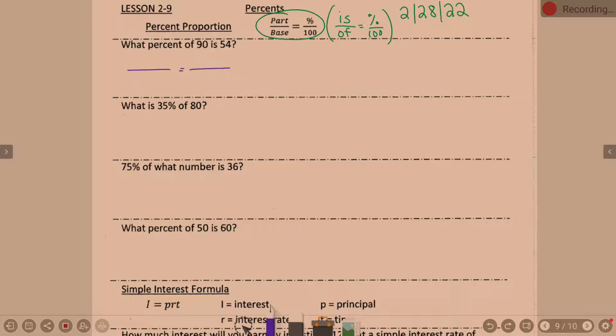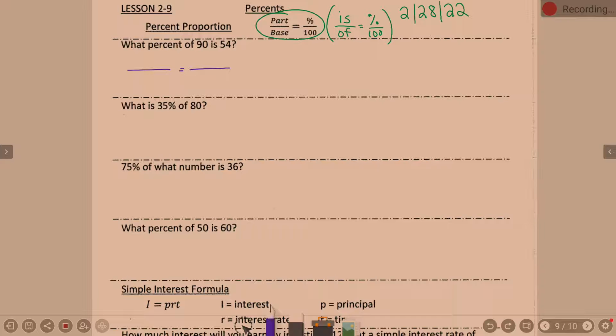So, first of all, job number 1. Read the problem. What percent of 90 is 54? What are they asking me to find? What's it say? What percent of 90 is 54? Okay.